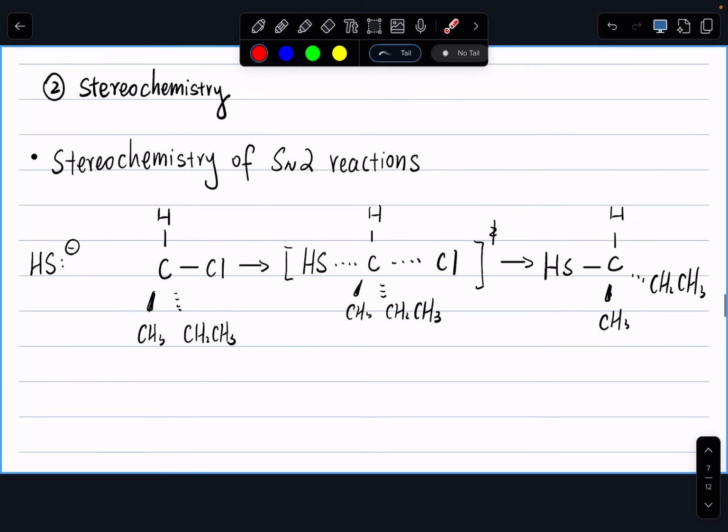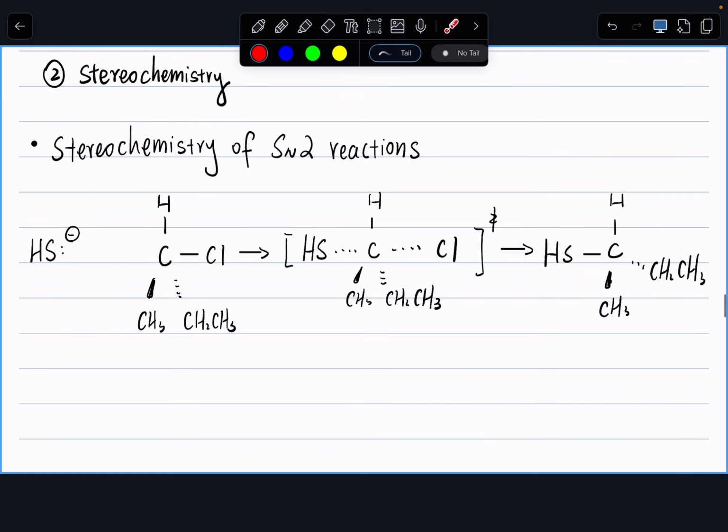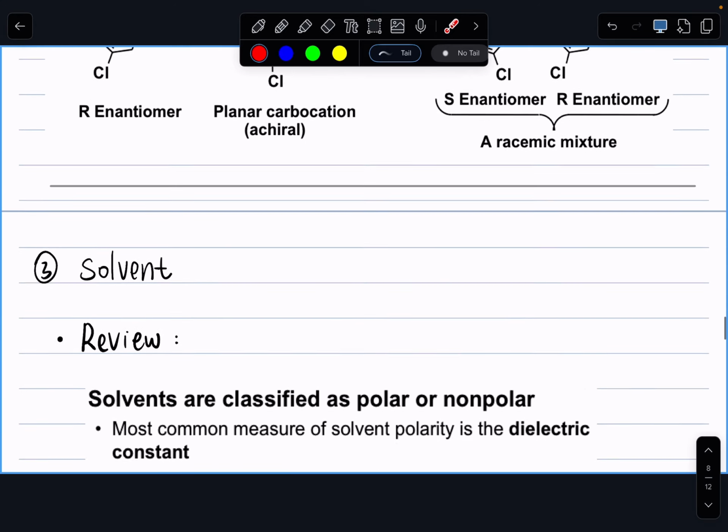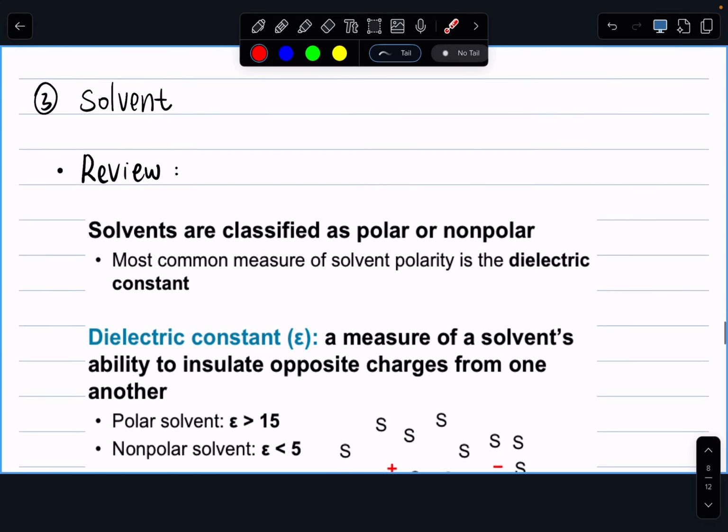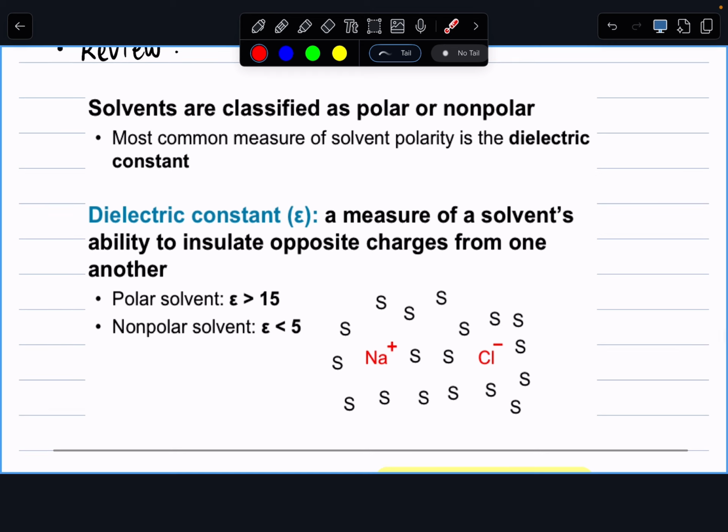Well, the stereochemistry we sort of mentioned already in previous cases, talking about the outcomes from the SN2 and SN1 mechanism. So I'm going to quickly skip it here because we just discussed it. The next factor that is very important is solvent. It's a quick review. When we're talking about solvent, in Gen Chem you learn that solvent can be polar or nonpolar depending on their dielectric constant.